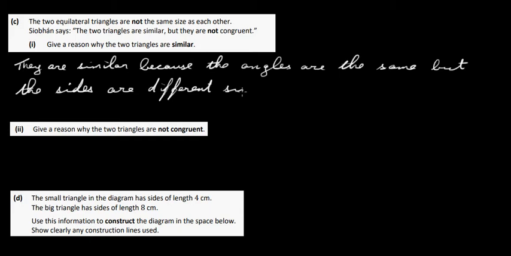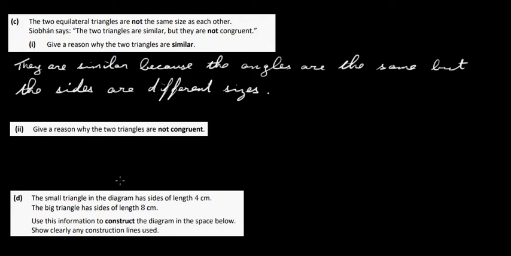They're different sizes. So the three angles in one triangle are 60 degrees, the three angles in the other triangle are 60 degrees. So the angles are the same, but the sides are obviously different sizes. So that would be the reason that they're similar triangles.